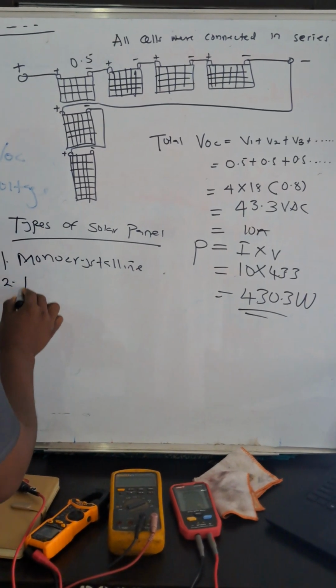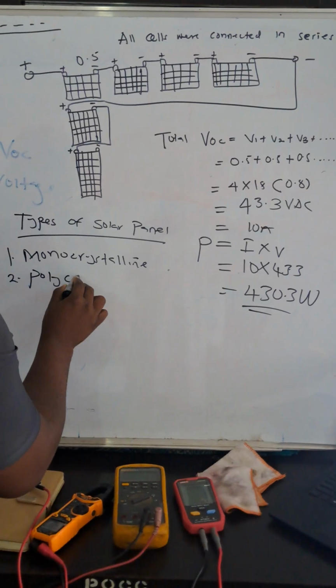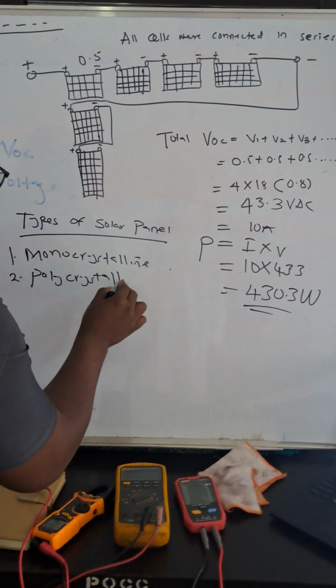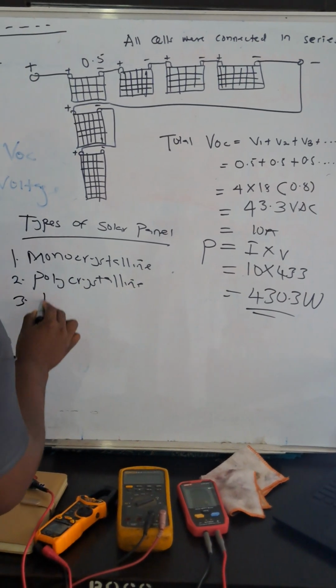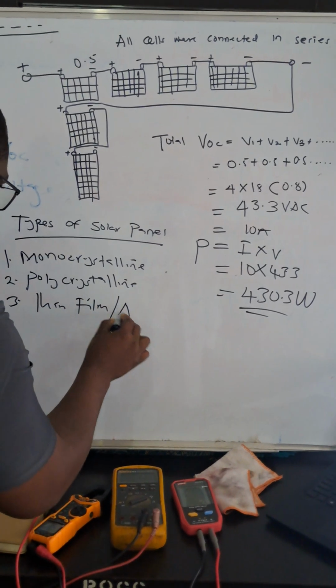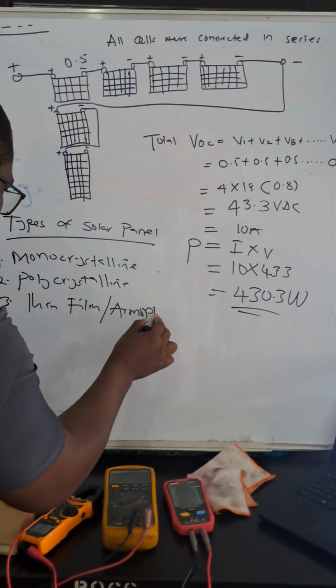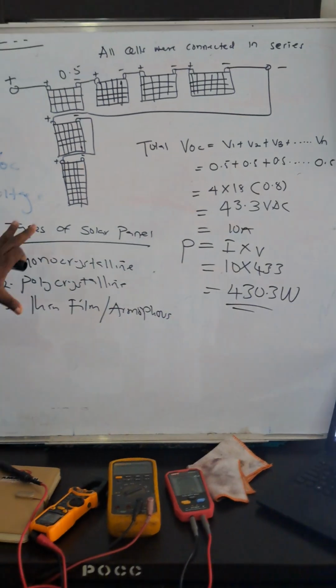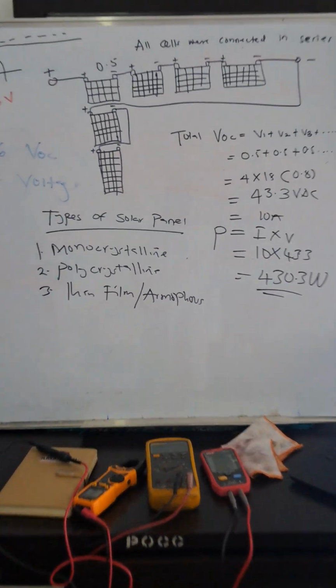Number 2, we have polycrystalline. Number 3, we have a thin film, amorphous. These are the 3 types of solar panel obtainable.